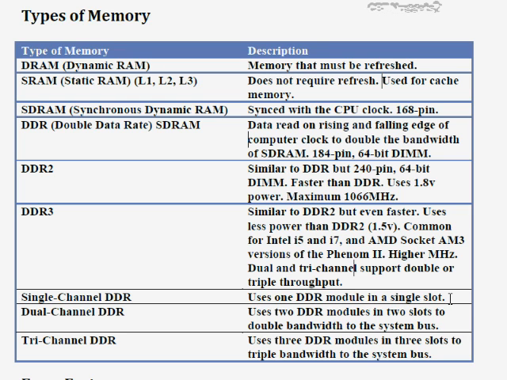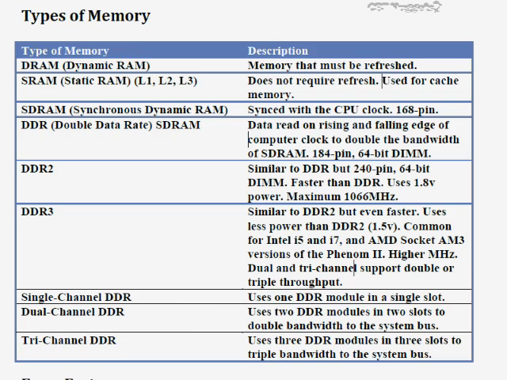Well, they're both still single-channel DDR if that's all that the motherboard supports. Okay. What this means is that each one of them will use 64 bits. Now, that'll come to light a little bit more clearly as I move on to dual-channel DDR. With this, it will use two DDR modules in two slots to double the bandwidth to the system bus. So instead of using 64 bits, it will now kind of aggregate together and have a total of 128 bits.